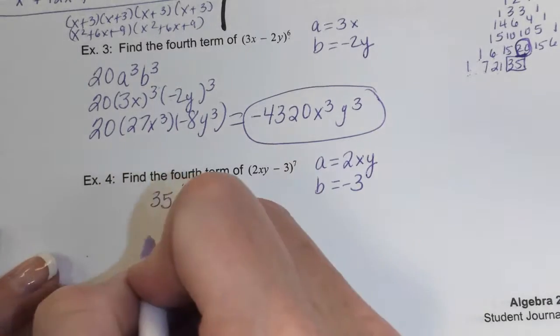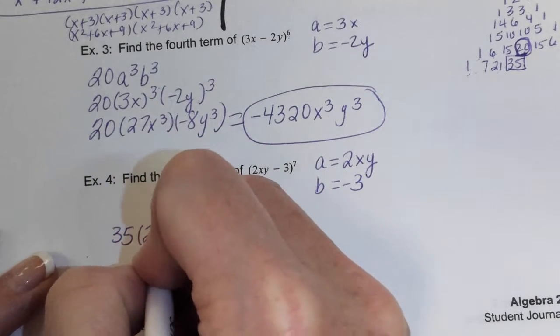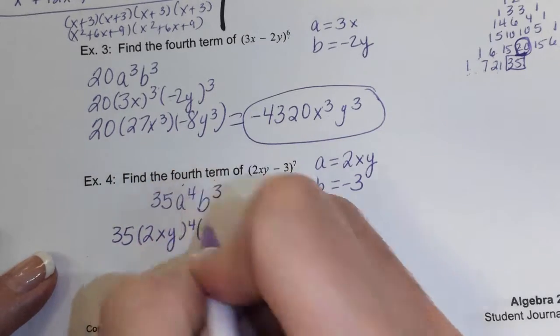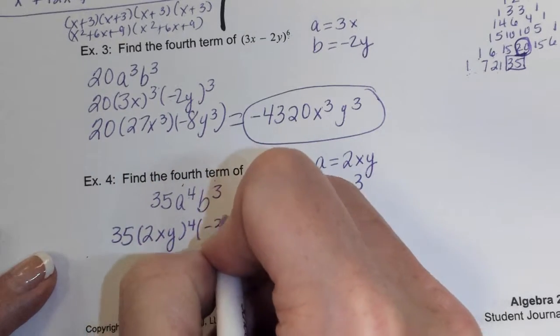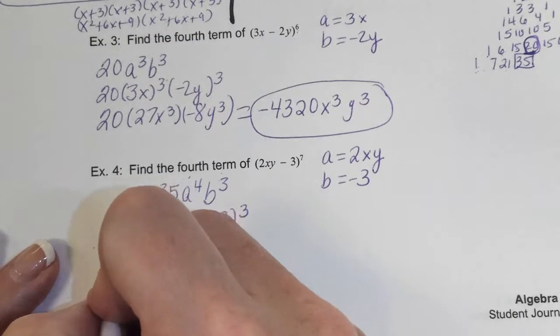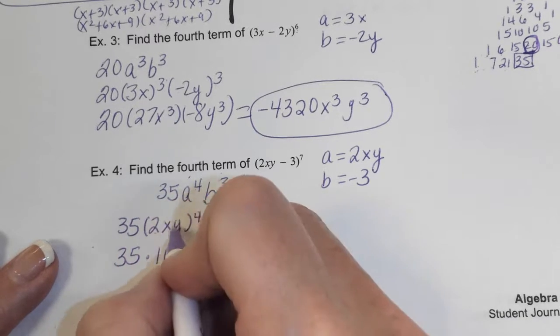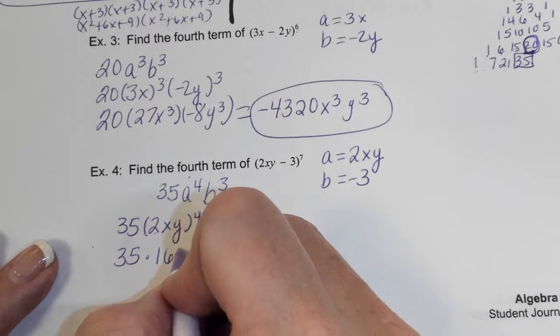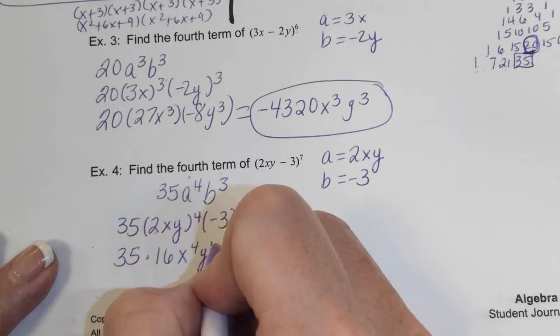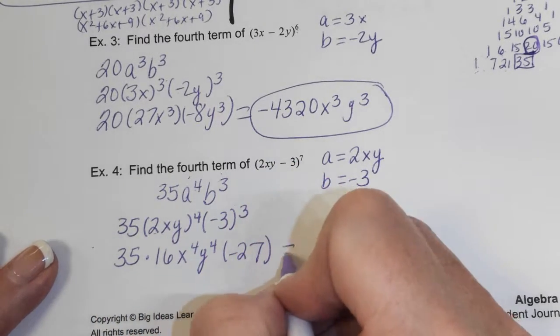Okay, so plugging all this in then, I'm going to have 35. A is 2xy to the 4th. B is negative 3 cubed. This is 35. I know 2 to the 4th. That's 16. I'm going to have x to the 4th and y to the 4th. And then I have to multiply by negative 27.